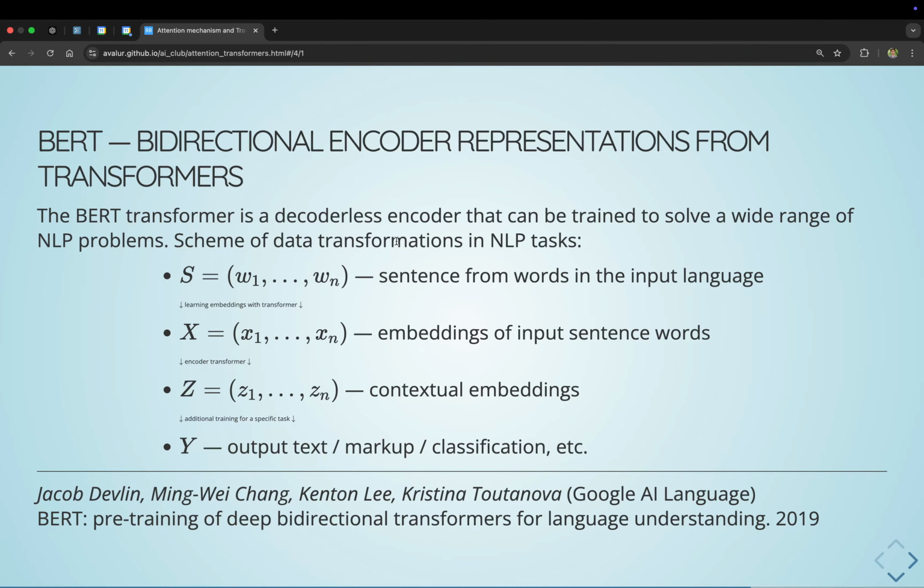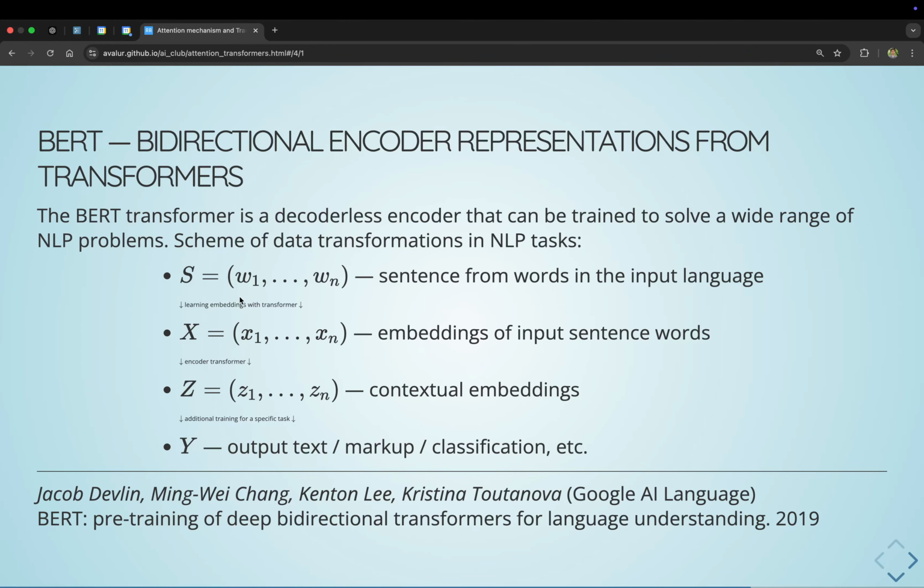Actually we focus only on the encoder part without the decoder, and the goal is to have a representation of words. We can train this model on any text data set we have, for example on Wikipedia or on the whole internet and so on.